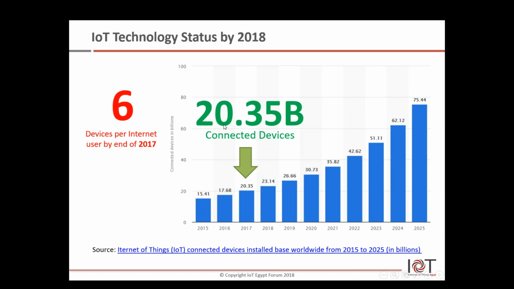Six devices per user right now, by the end of 2017, which is the time of calculations. In 2025, the expected number of connected devices will be more than triple.